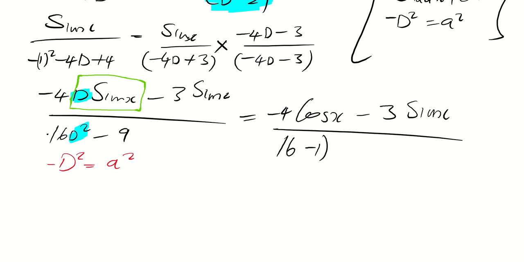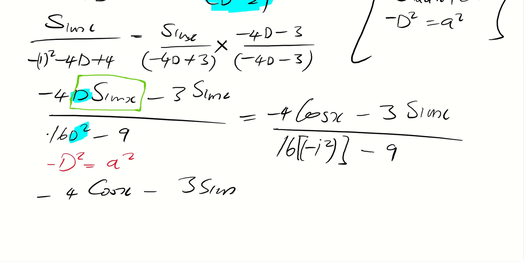Let me do this. So I have to use two brackets here, the outside one and the inside. So I have to square it like this. Yes, just like this. Minus 9. Then I'll have minus 4 cos x minus 3 sin x divided by minus 16 minus 9.